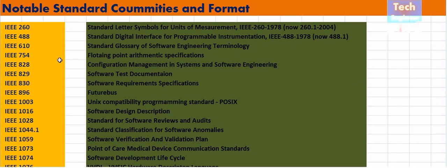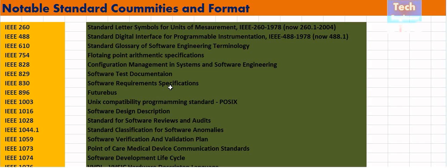IEEE 754 is for floating point arithmetic specification. IEEE 828 is configuration management in systems and software engineering. IEEE 829 is for software test documentation.